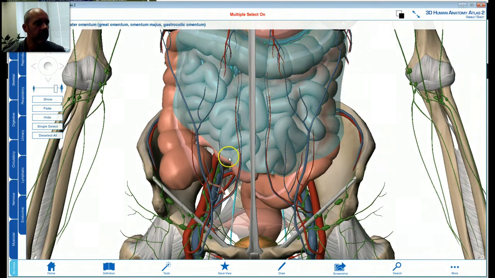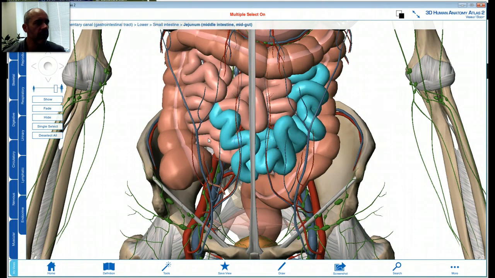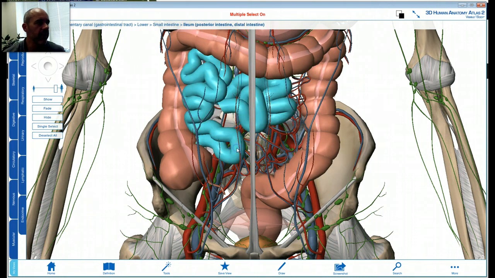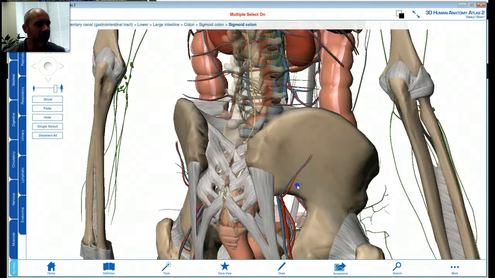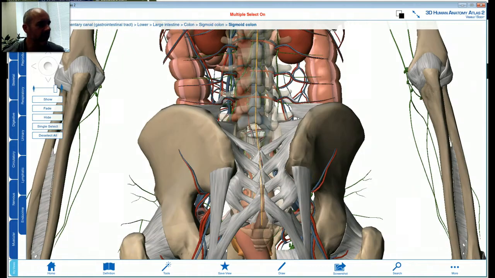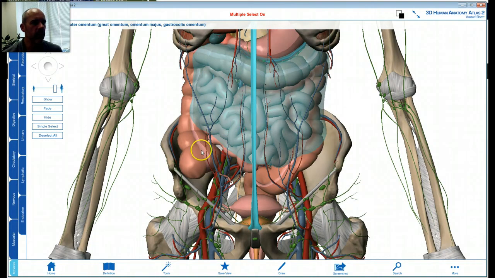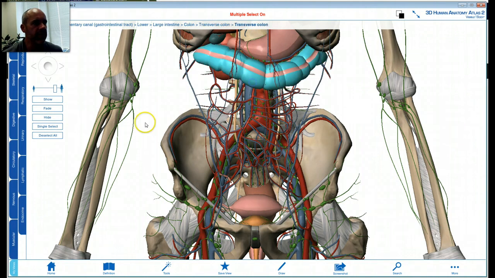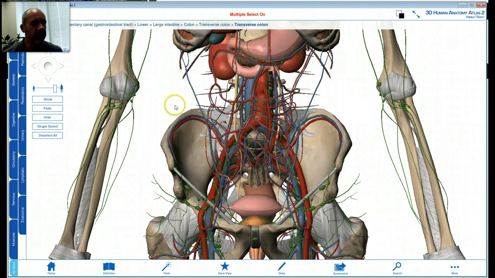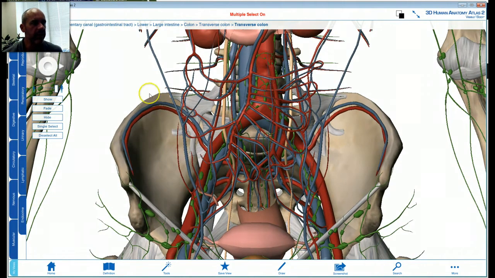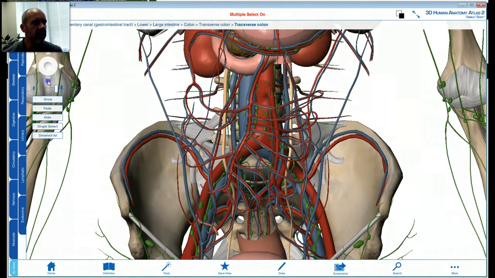Let me dissect some things off of the front side over here so we can, you know what, I think I just eliminated the ureters by doing that. So let me pause and bring them back up. All right, I'm going to do some dissection here and remove the large and small intestines so that we can see the structures that are deeper there in the abdominopelvic cavity.